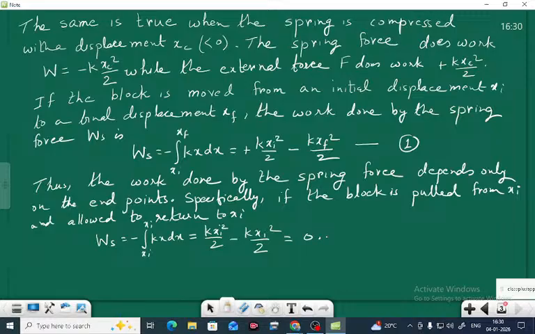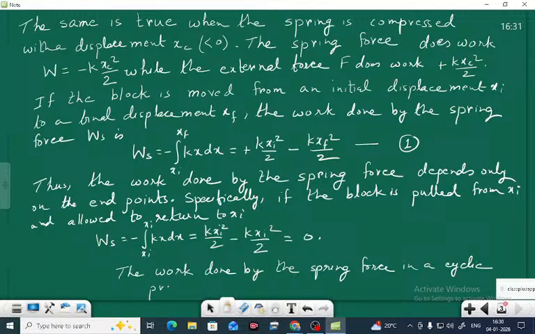And you know, in a conservative force, the total work done in a closed path is 0. So you can say that the spring force is a conservative force. The work done by the spring force in a cyclic process is 0.